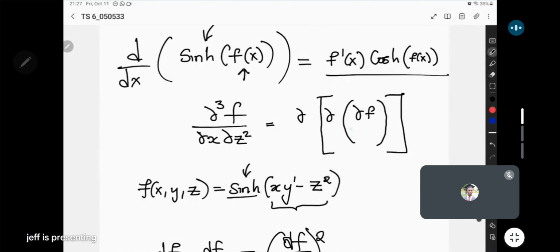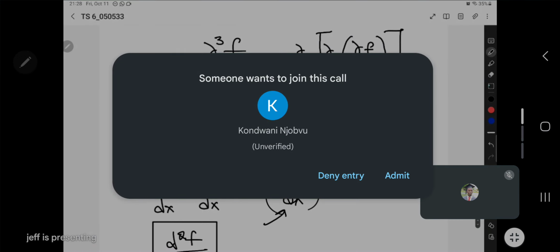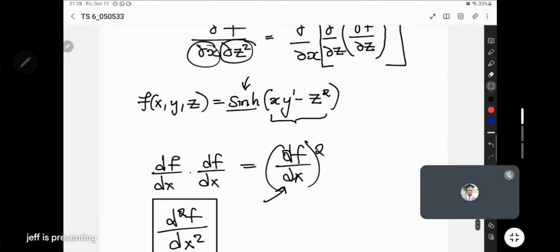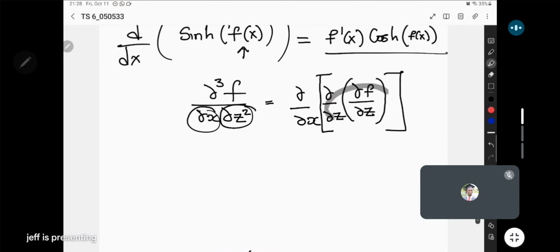So based on that, we can observe that the first part was the partial of f with respect to z. And then it looks like in the second operation, again, it was with respect to z. And then in the third operation, that is when it was operated with respect to x. Okay, so I hope that is adding up. So this part here was then combined to give us partial x.